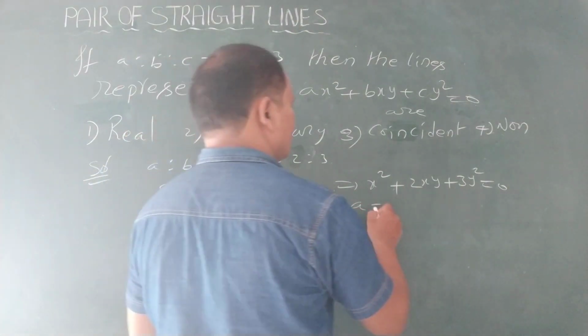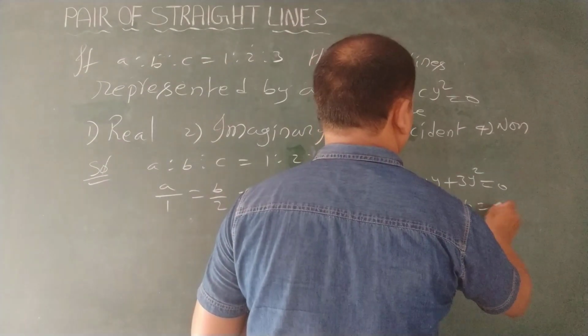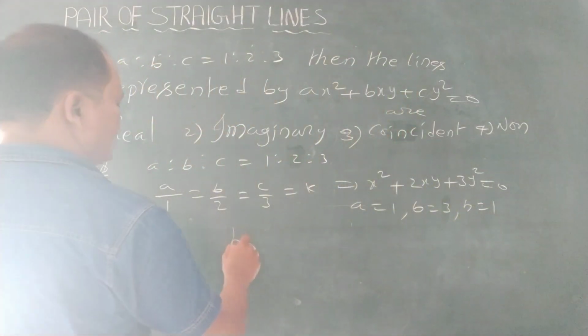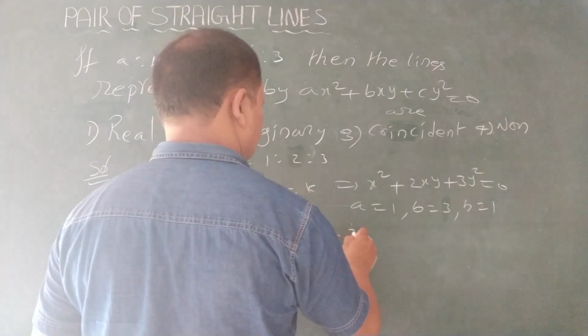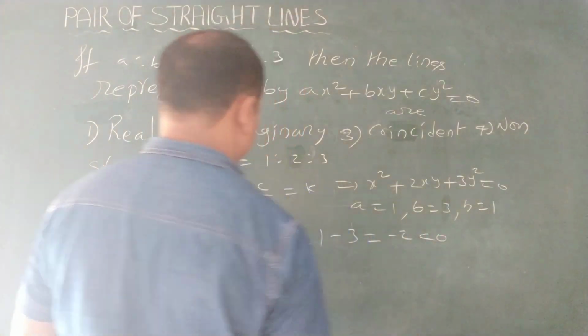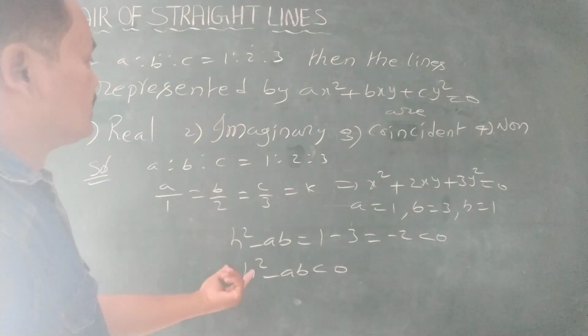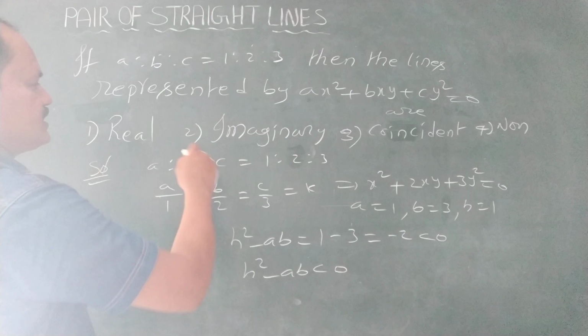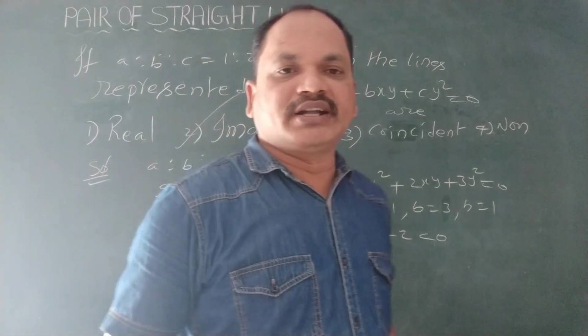Now h square minus ab, that is 1 minus 3, that is minus 2, less than 0. So h square minus ab less than 0 means it represents imaginary lines. That's all. So it is very easy.